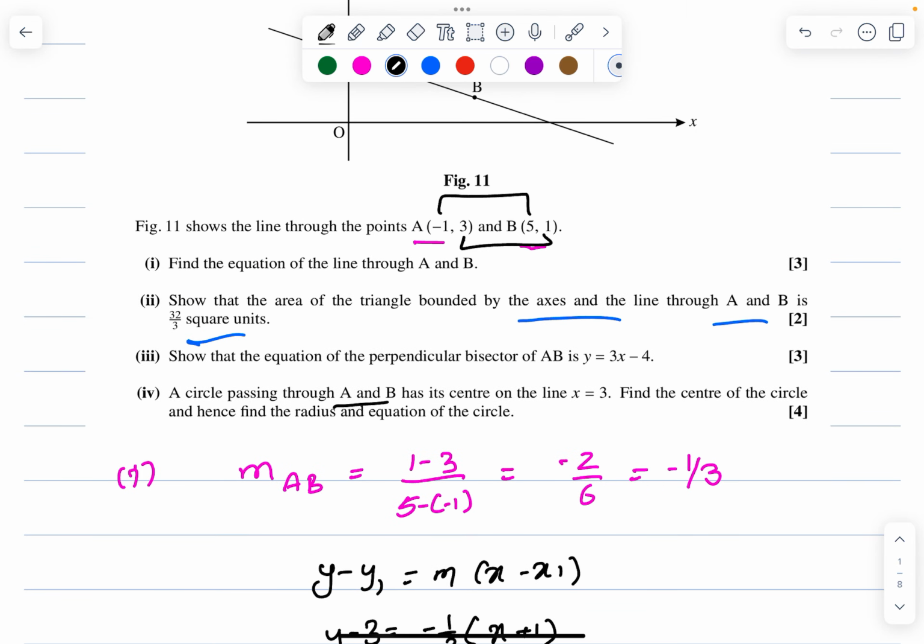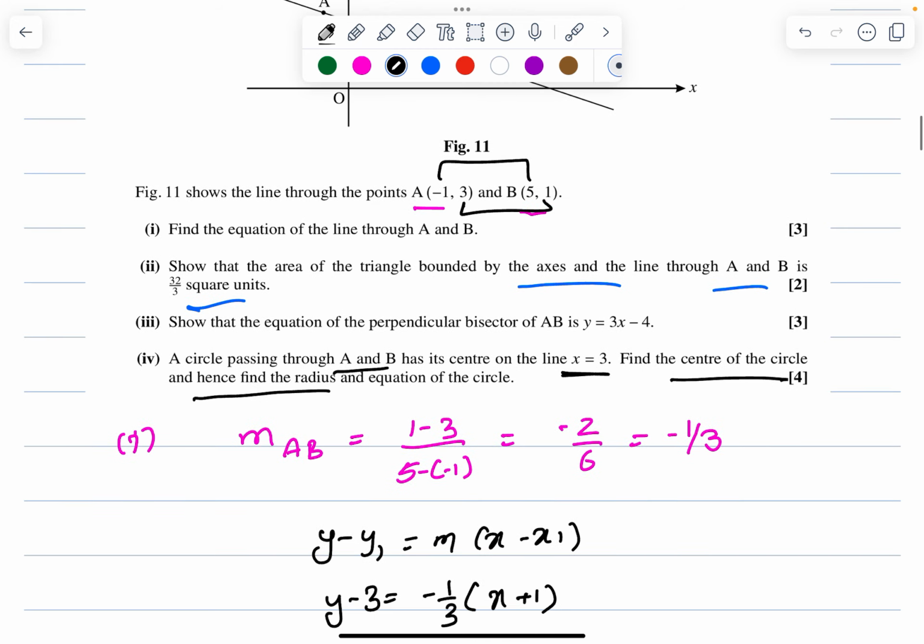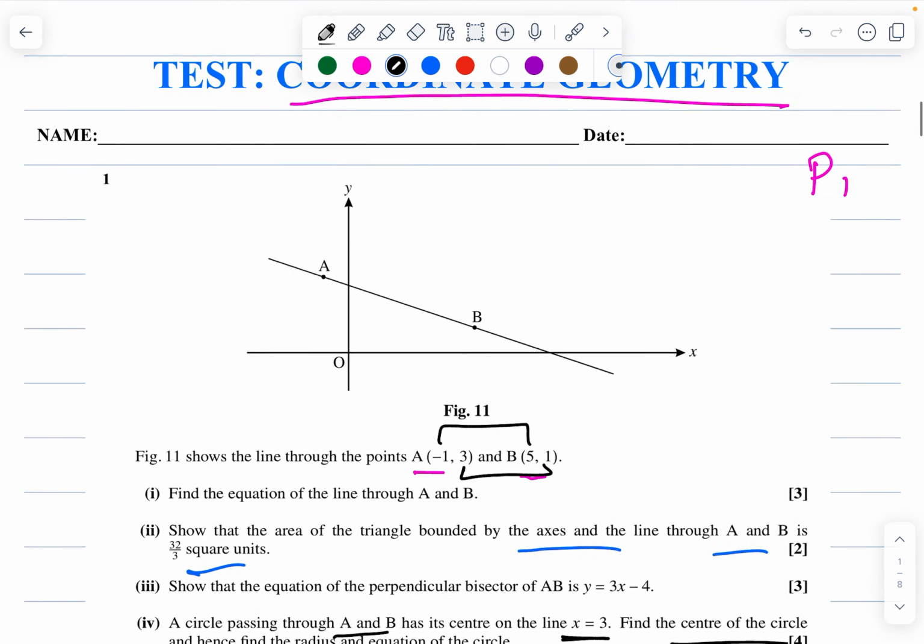Next, a circle passes through A and B, has its center on the line x equals 3. Find the center of the circle, the radius and the equation of the circle. So a circle is passing through A and B and has its center on x equals 3.